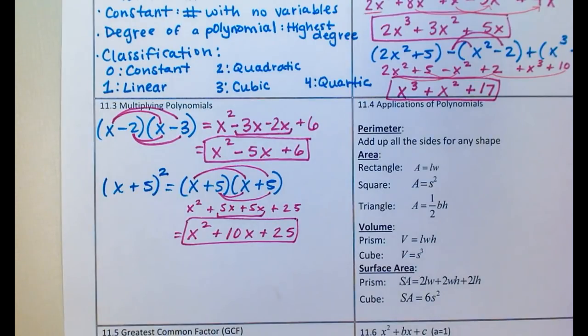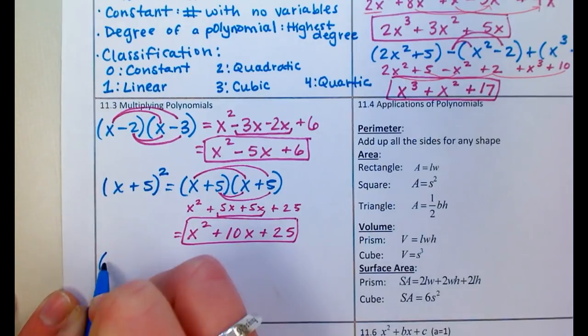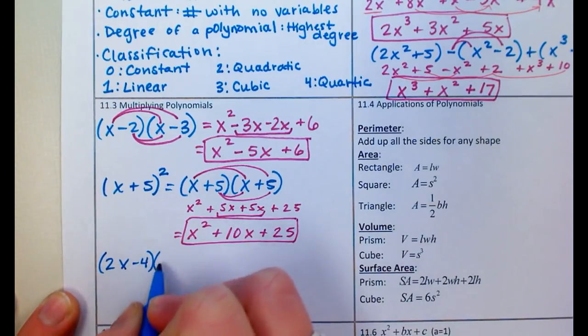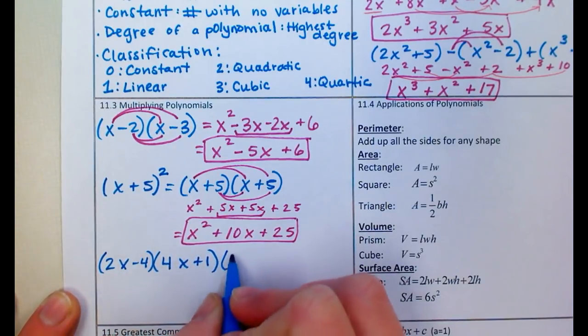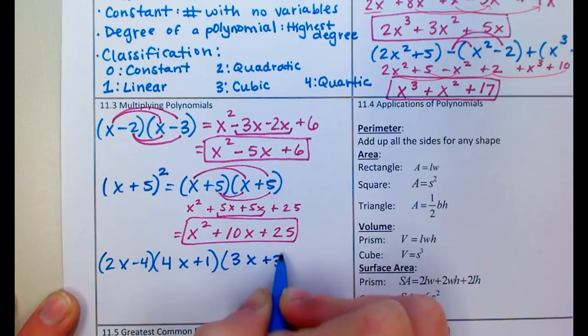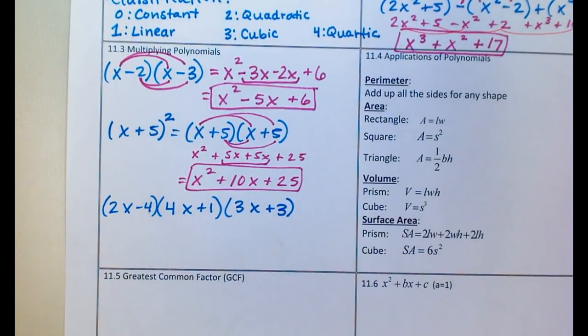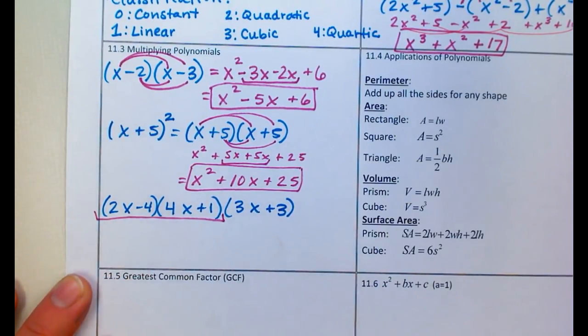All right, and one last thing that we had done for multiplying, we had multiplied 2x minus 4, 4x plus 1 times 3x plus 3. When we multiply three binomials together, we can multiply these two together first and then multiply it to the last term.